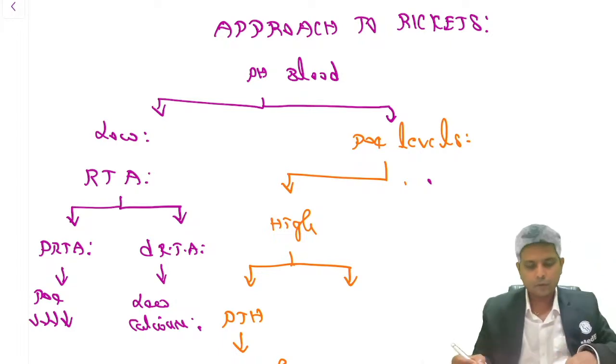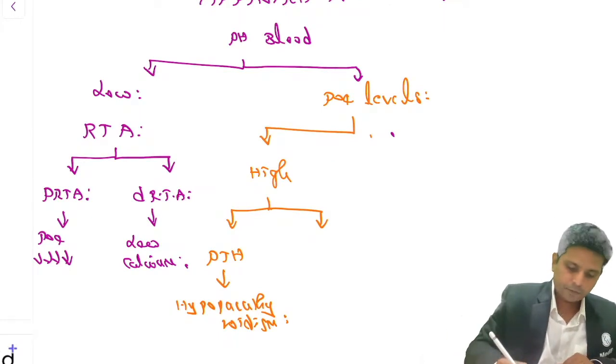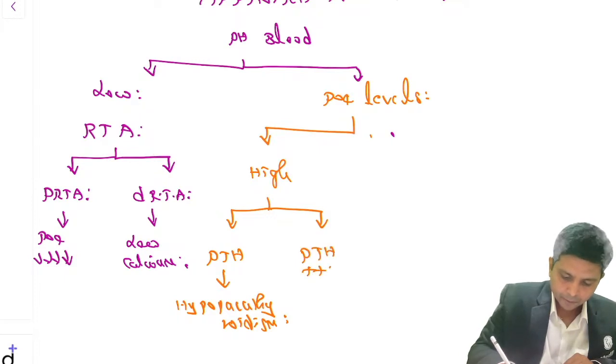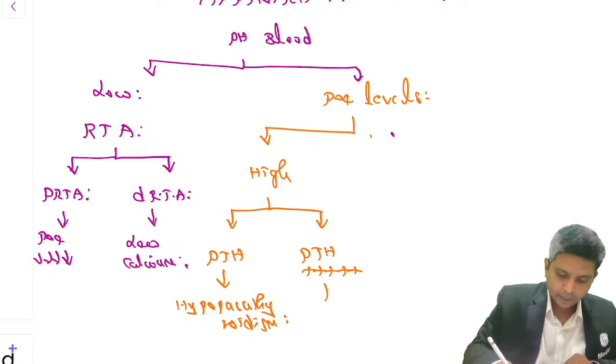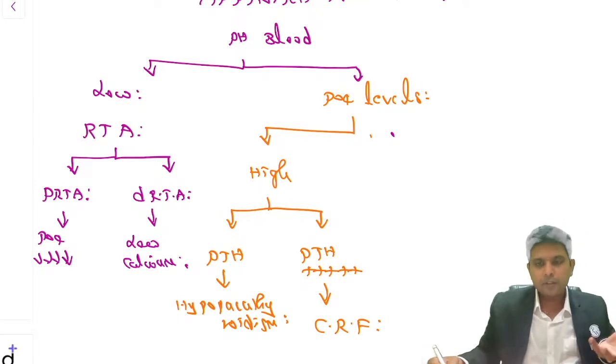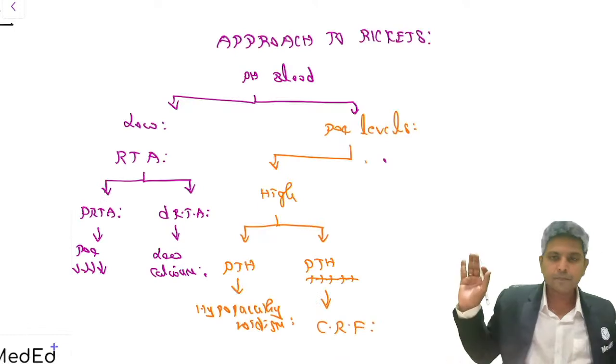In the case of high phosphorus, when parathyroid hormone is very high, it means you are dealing with chronic renal failure. This is called secondary osteodystrophy, chronic renal failure.